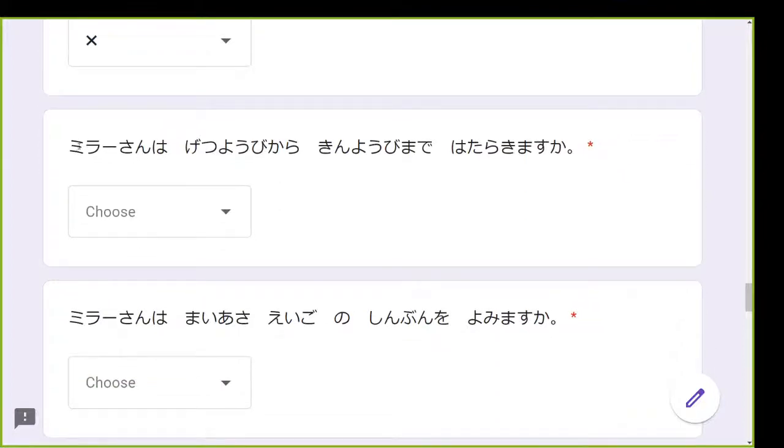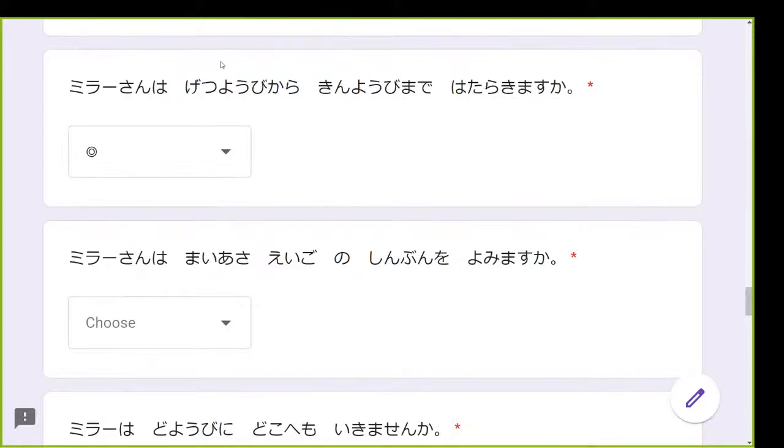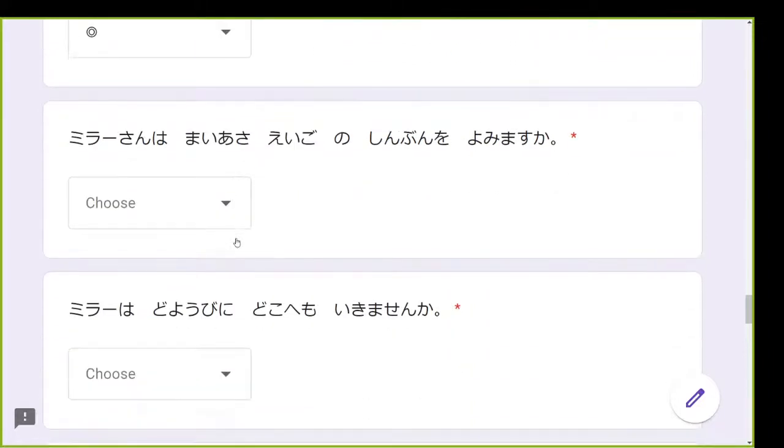Next, Smid-san. Mira-san wa getsuyobi kara kinyobi made hatarakimasu ka? Hai, maru. Okay, should be Maru. Kinyobi made hatarakimasu. So that's his workload, okay? Next, Emma. はい。ミラさんは毎朝英語の新聞を読みますか？ Okay, good.